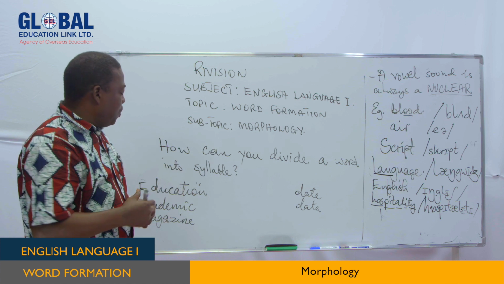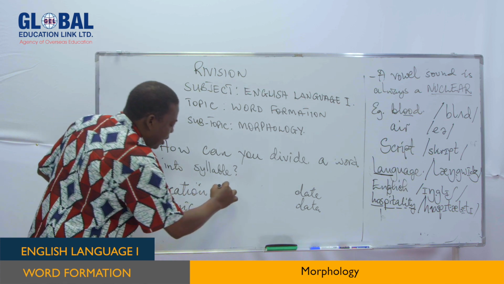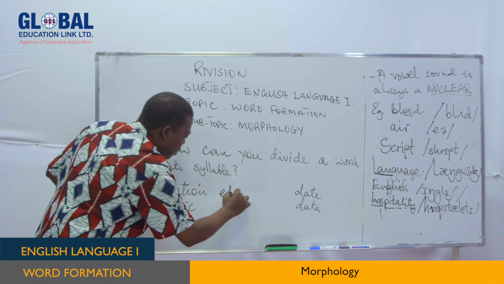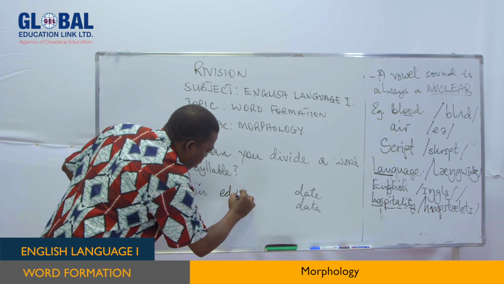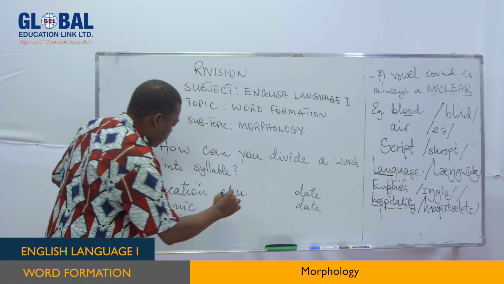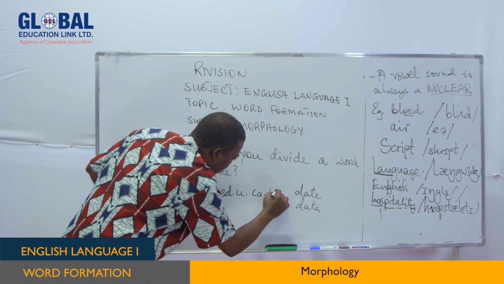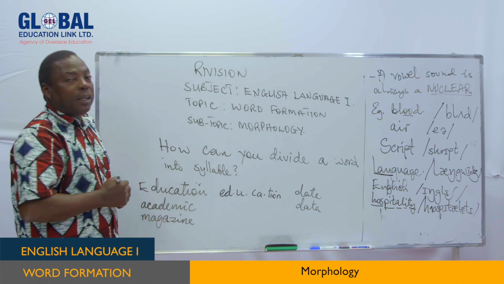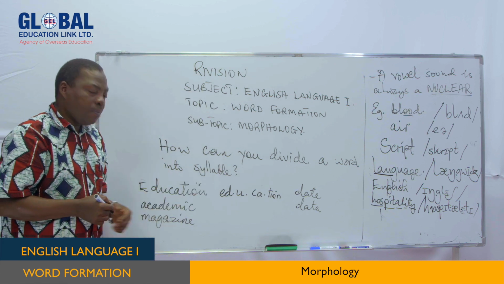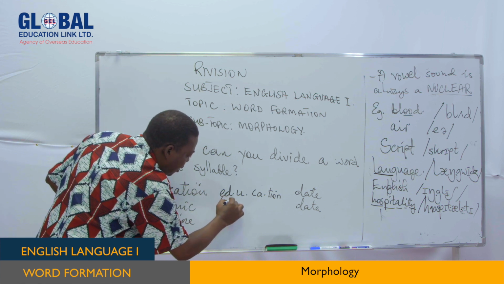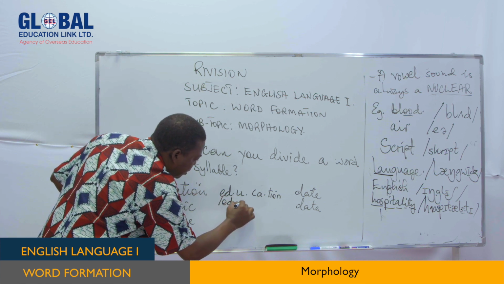If I may help with the first example, I will talk about the first syllable. Under normal spelling, it will read like this one. If I have to pronounce this, it would read something like this.